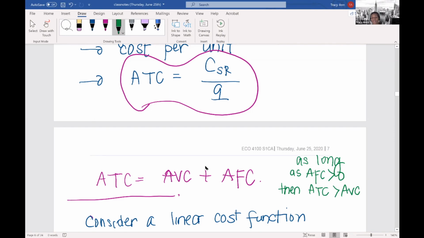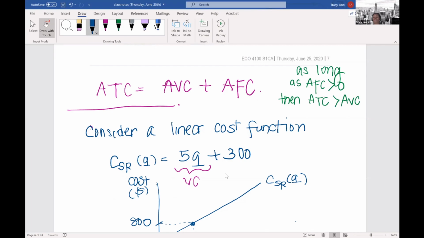It's important for me to say that because I want to say that my average total cost curve is always going to be lying above the average variable cost curve.